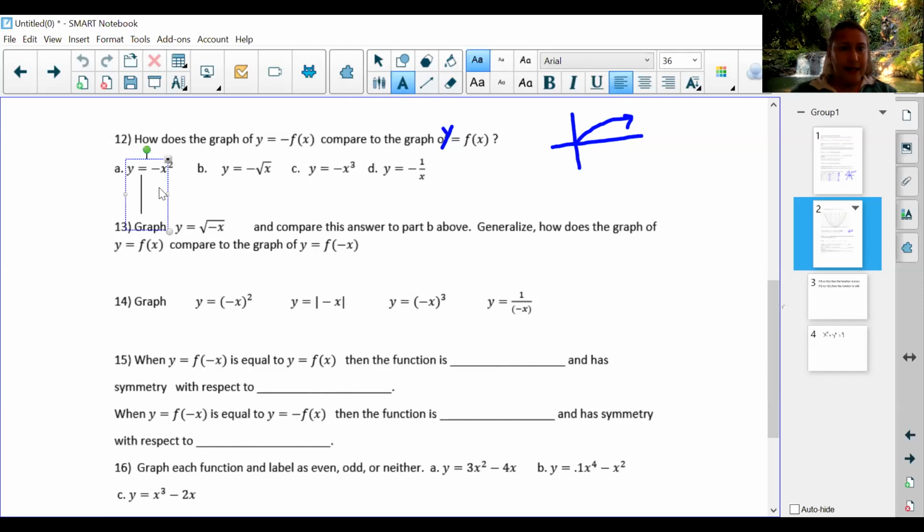Okay, so if you're back after trying this, I hope you recognized that in every single case, it wasn't just a coincidence what happened in the example on the last page. In every single case, when we do this, it ends up reflecting the original parent function through the x-axis, because the y value becomes the opposite, and we find opposite y values on opposite sides of the x-axis.